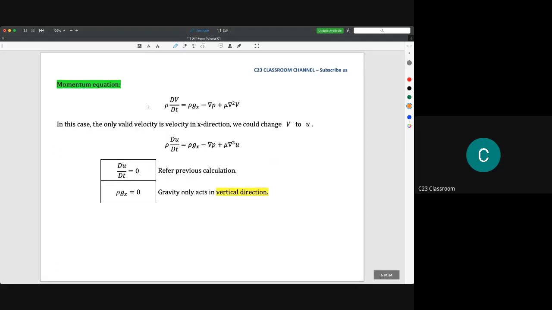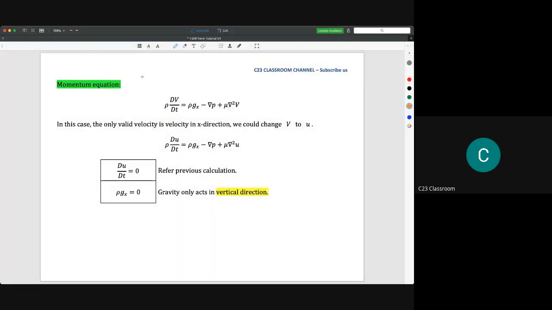Okay, so if we go to the momentum equation or the Navier-Stokes equation, this is the very general Navier-Stokes equation. So we have capital D V over dt, we have nabla here, we have nabla square here. So I hope you could understand how to expand the terms of capital D over dt, and to expand the term of nabla.